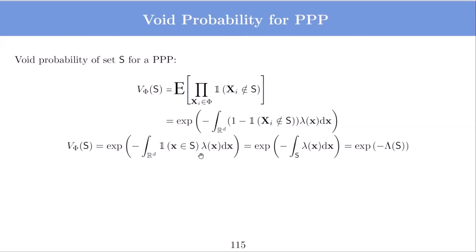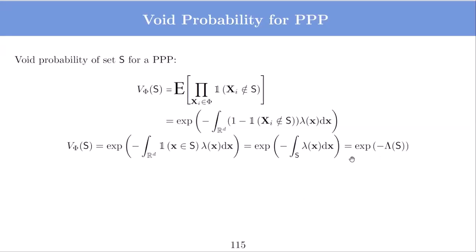You can see this integration will be whenever x is outside S, this will contribute 0, and whenever x is inside S, it will contribute 1. So this is nothing but just the integration of lambda(x) dx over set S. And what will you get if you integrate the density over the set S? You get the expectation measure of that set. So this is equal to exponential minus Lambda(S).